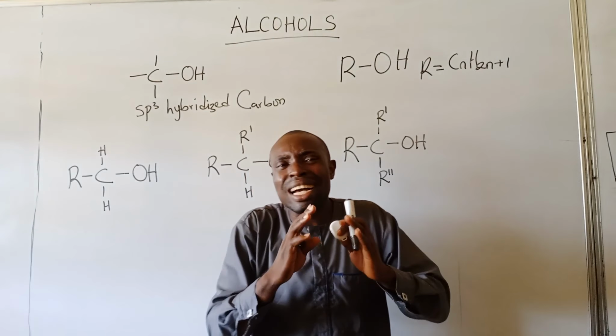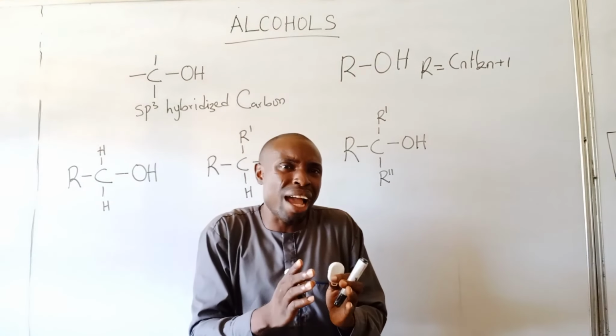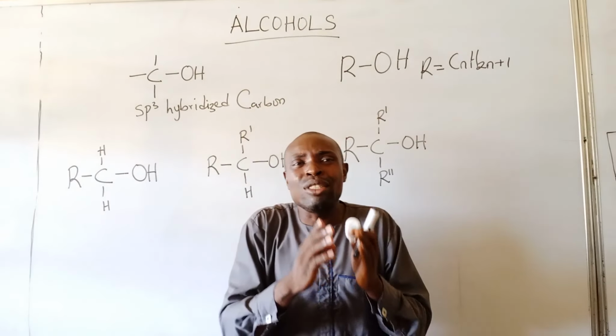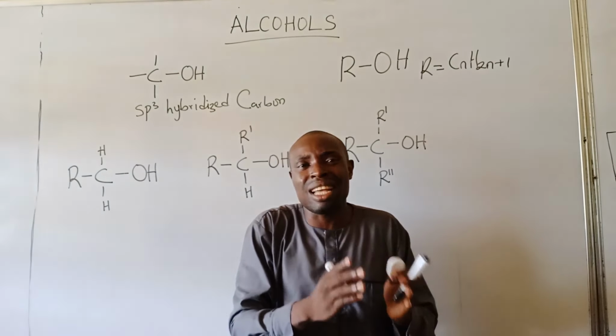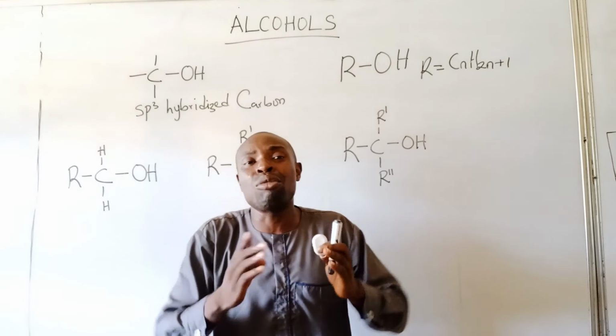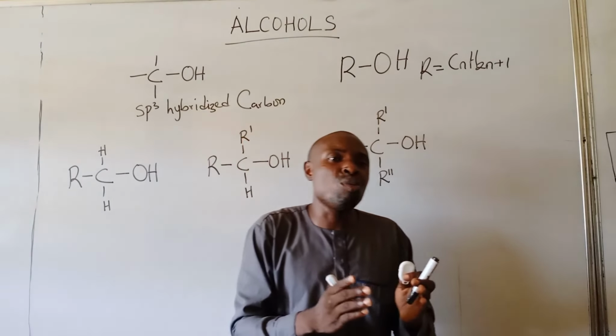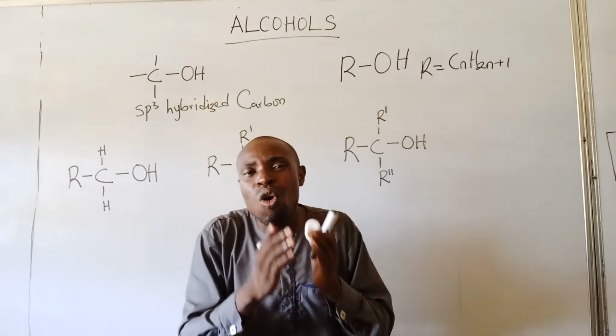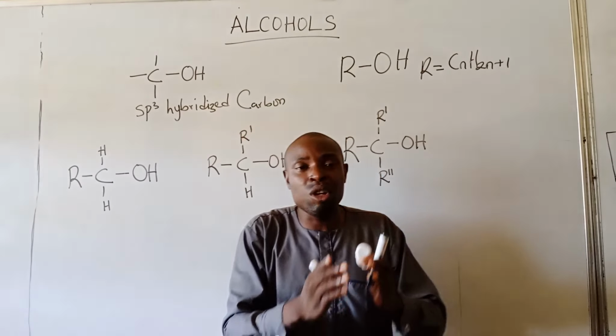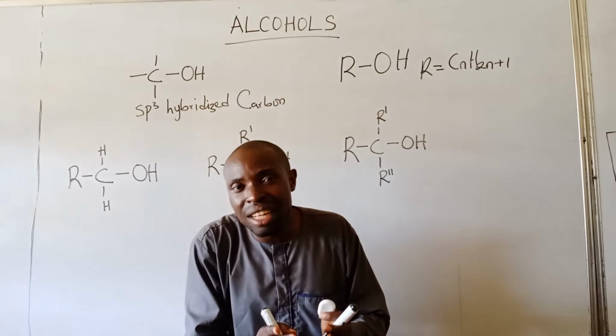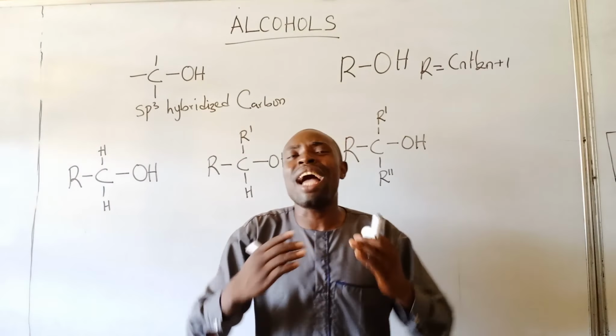alcohol or alkanol can be classified according to the number of hydroxy groups that are attached to the saturated carbon atom. And as such, we have what we call the monohydric, dihydric, trihydric, and polyhydric alcohols.